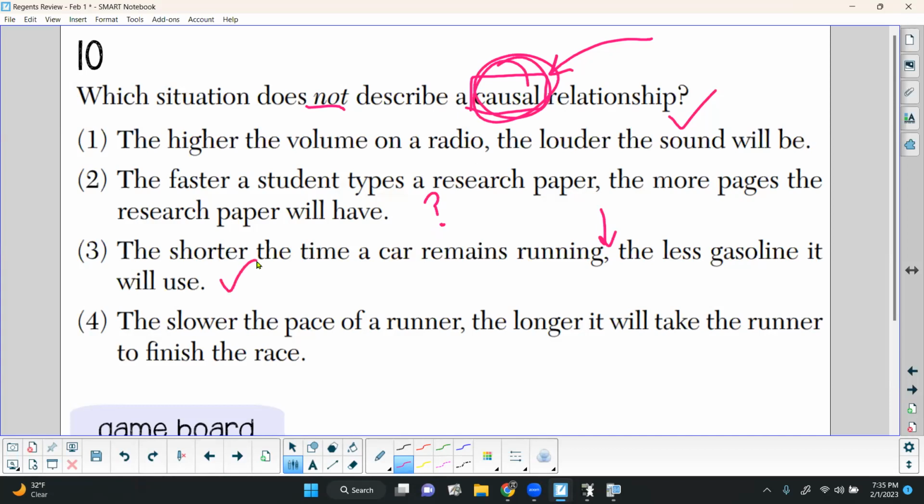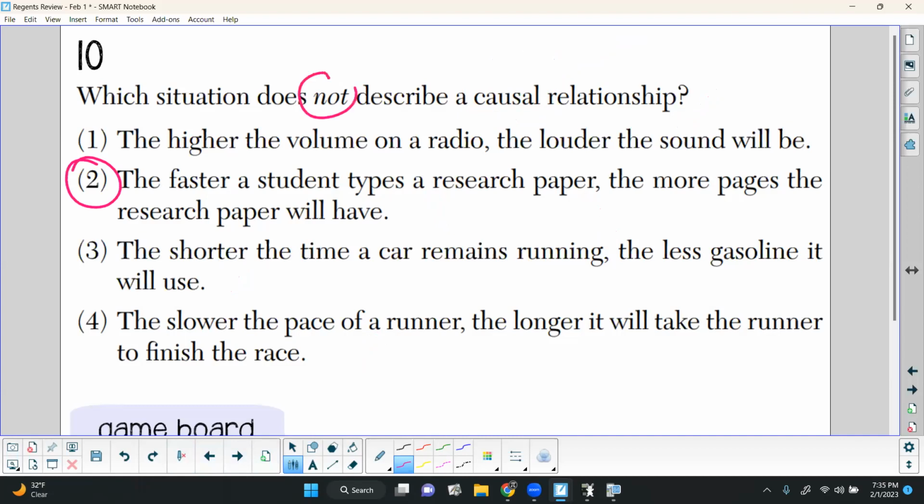That's true. Number 4, the slower pace of a runner, it causes the runner to take longer to finish the race. Well, that is true. So that leaves us with only number 2. You can type really fast, but that doesn't mean you're going to type more pages. It just means you'll be done sooner. So number 2 is the only one that is not a causal relationship.